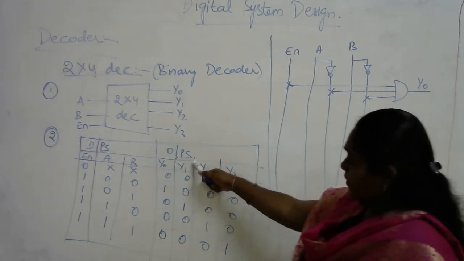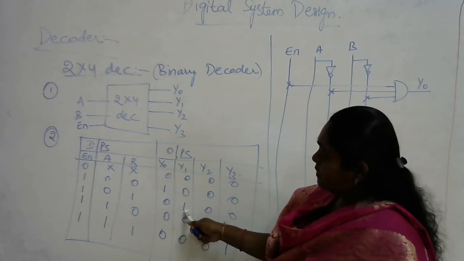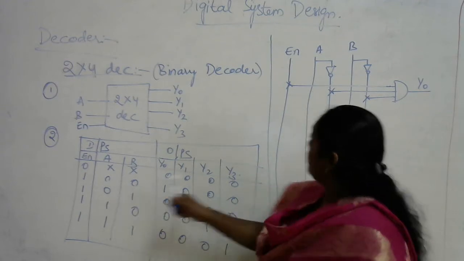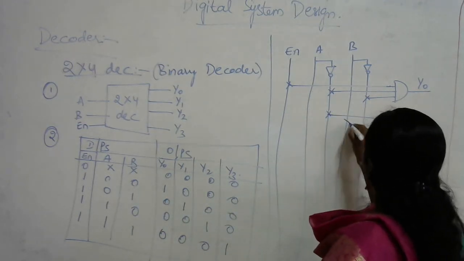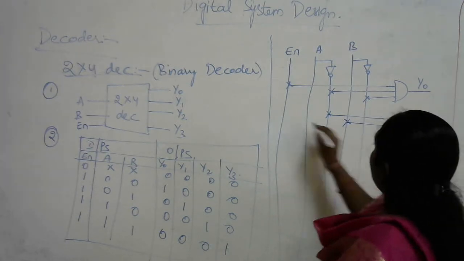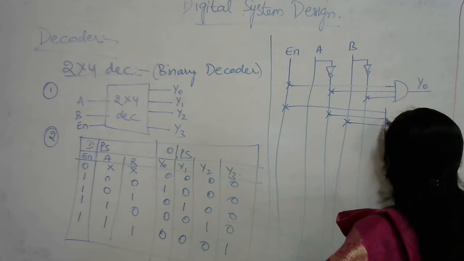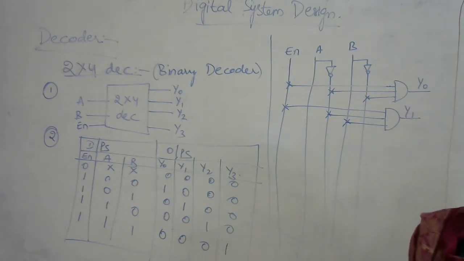Similarly, for y1, under the y1 column, we have 1 for the corresponding input values of 0, 1. A is 0 means A bar. B is 1, which is B. And by default followed by an enable. So all these should be connected towards an AND gate. This output is nothing but y1.